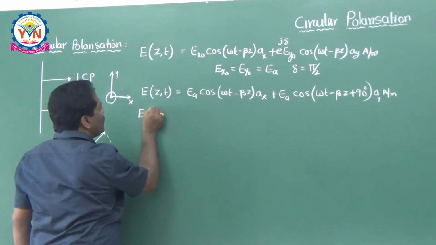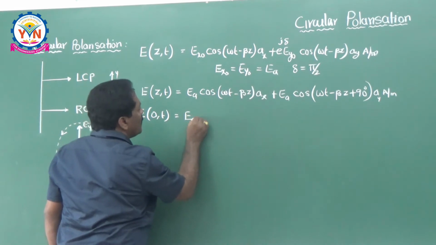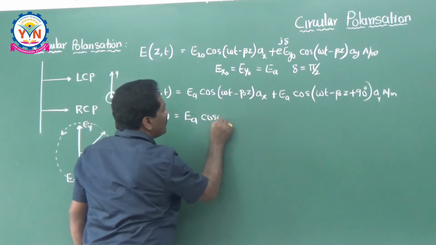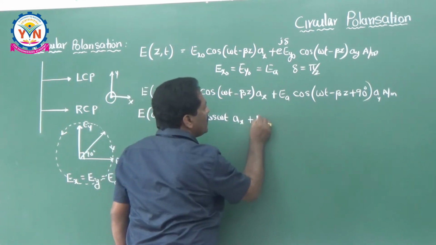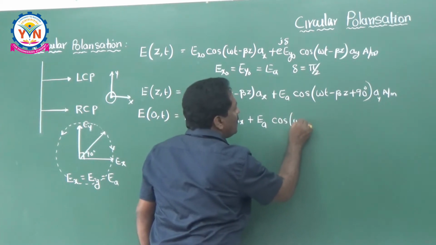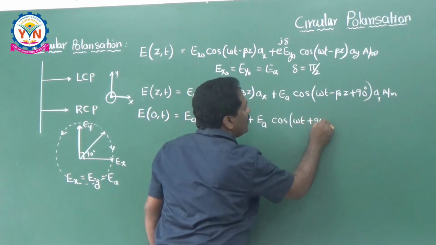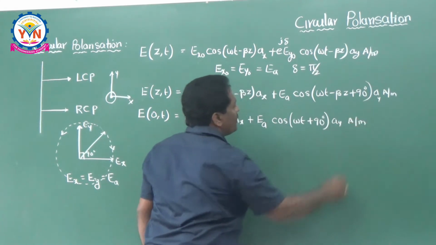Therefore, E of 0 comma t is equal to Ea cos omega t, because z is equal to 0, into Ax plus Ea cos of omega t plus 90 into Ay amperes per meter.